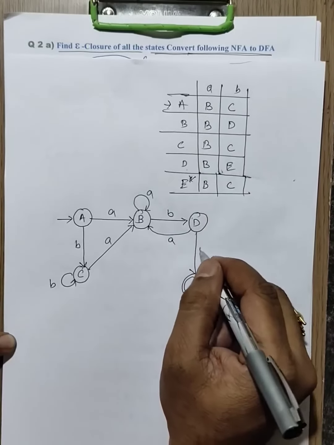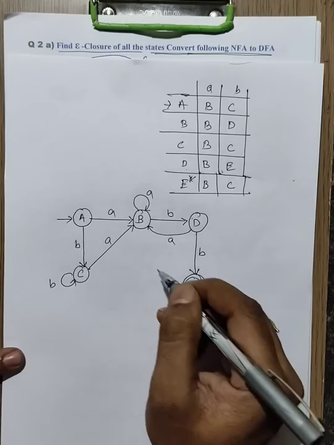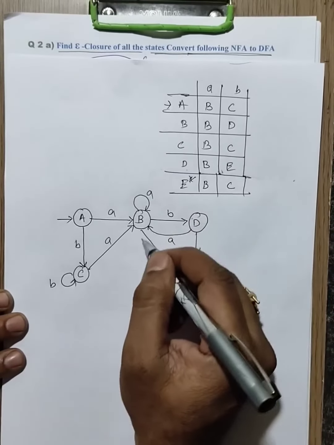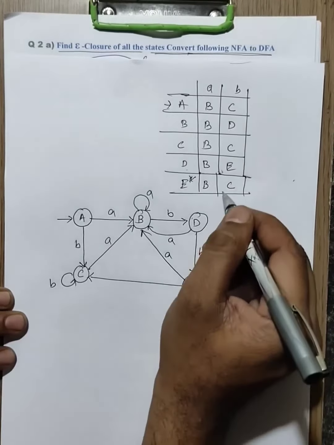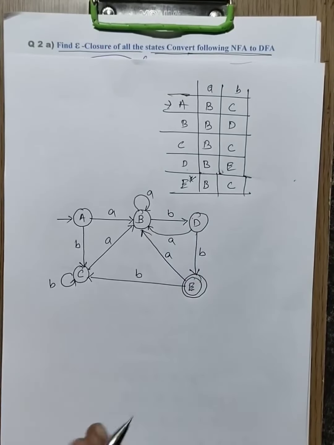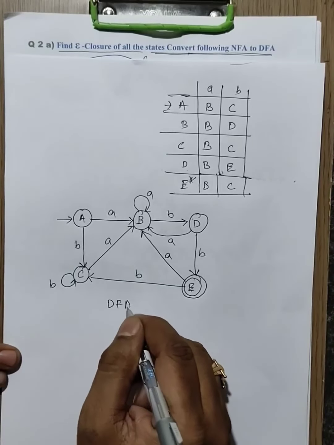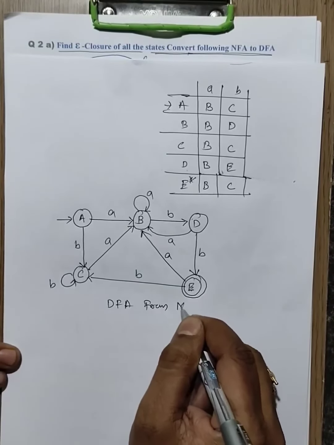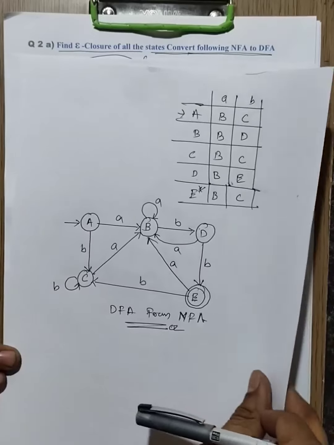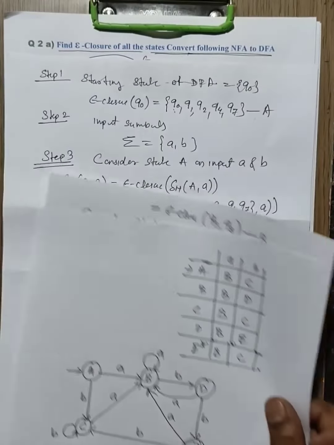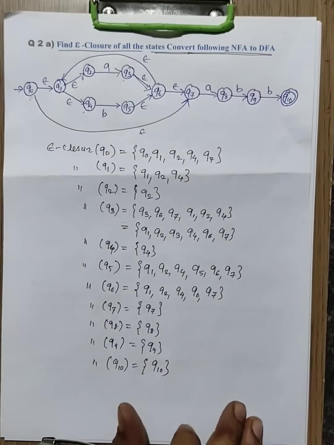Then E to B on input symbol A. Then E to C on input symbol B. This is the DFA from NFA, and this question number is 2A. Question number 2A.